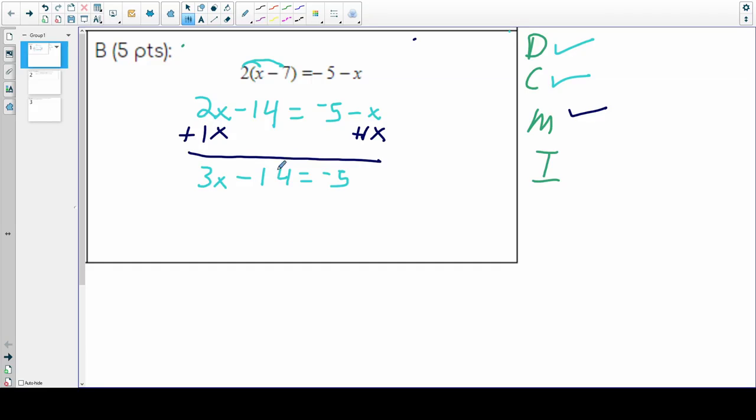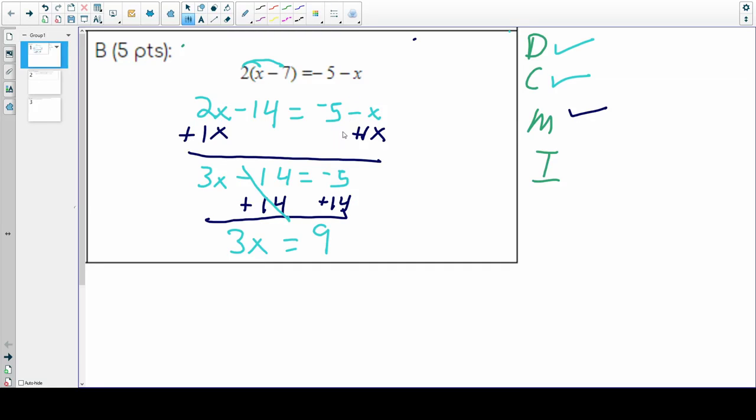Now I need to get x by itself, so I gotta get rid of this. So we're going to add 14 to both sides. This adds to 0, so we're left with 3x equals -5 plus 14 is 9.